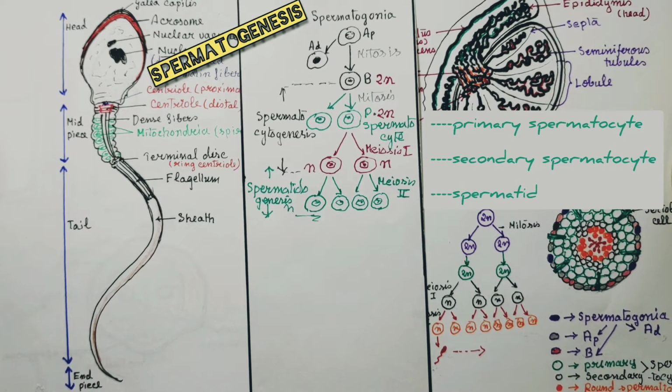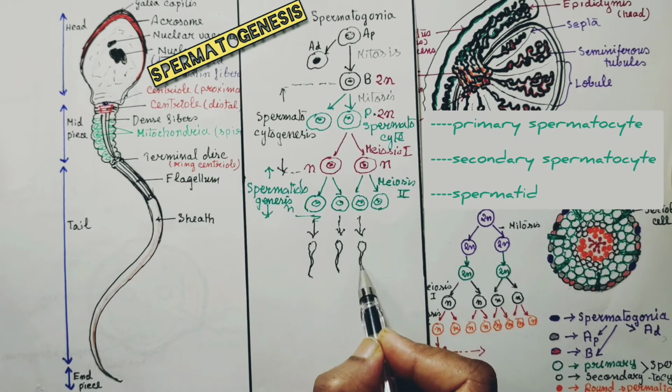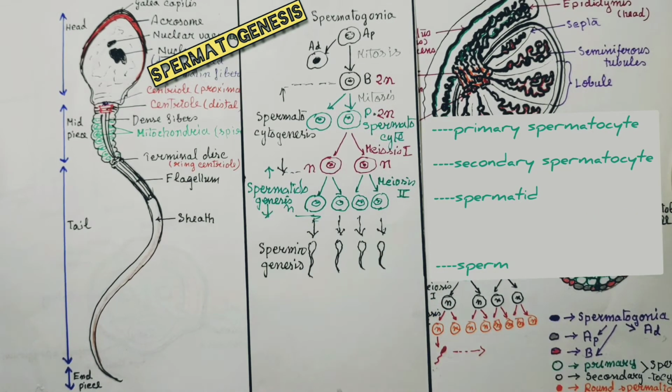The final step is known as spermiogenesis, which sees the maturation of spermatids into mature spermatozoa or sperms. Here the spermatids are more or less circular cells and they have a nucleus, Golgi apparatus, centriole and mitochondria.